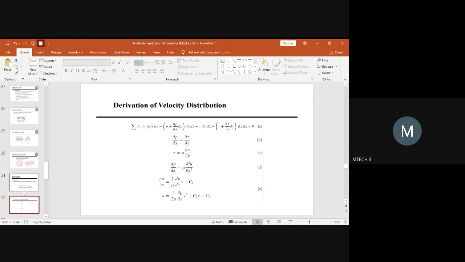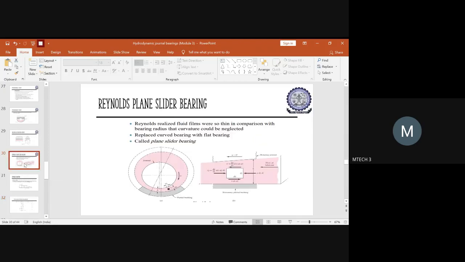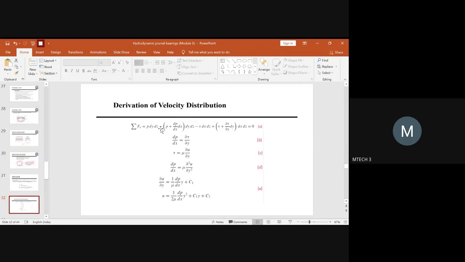Next, you have like three to four more forces that you have to take. But here, it is coming in the opposite direction. So this will be minus of P plus dP by dx into dx multiplied into dy into dz. So you will write down the value over here. Since it is coming in the opposite direction, you'll put the sign as minus.